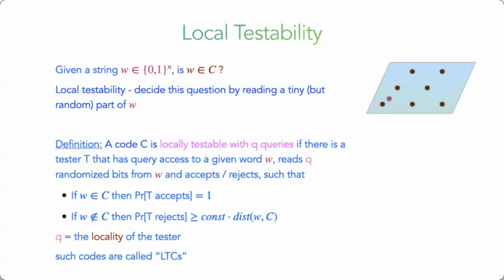So I'll give a more detailed example later, but just to say now, suppose I can show you in a code a word that is very far from the code, so it's far from all the elements in your subspace, but it satisfies almost all of the parity checks that define the code.